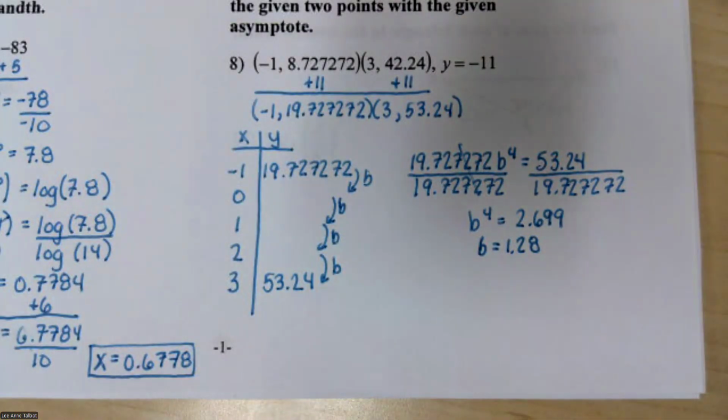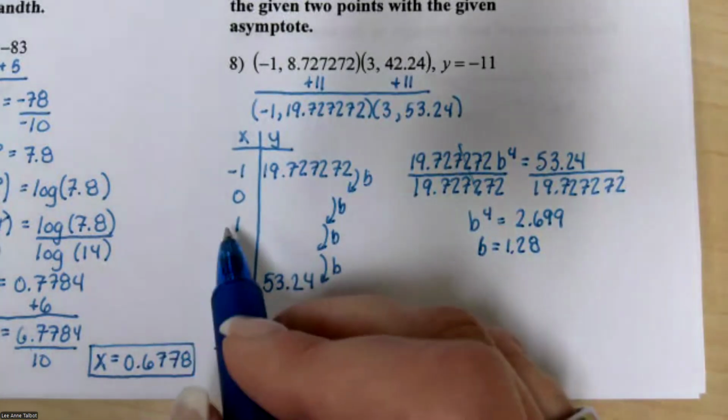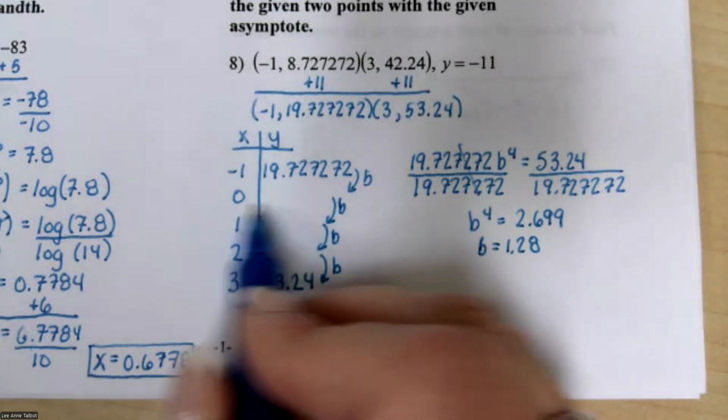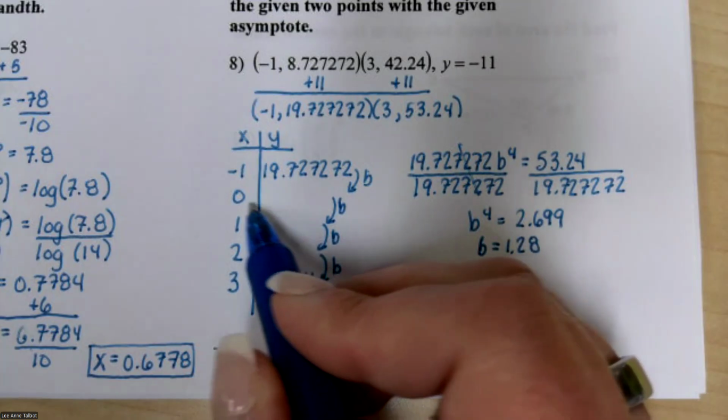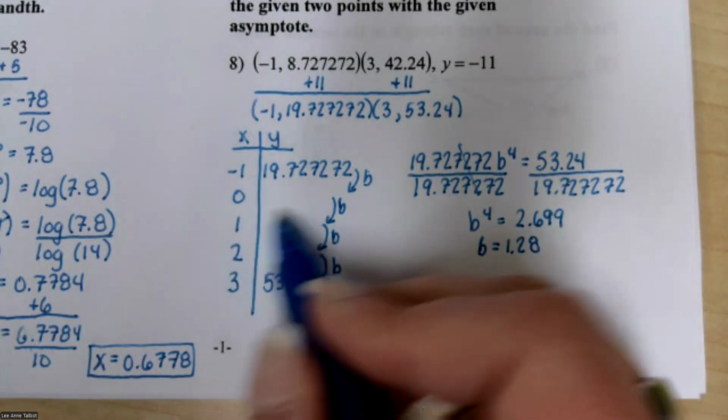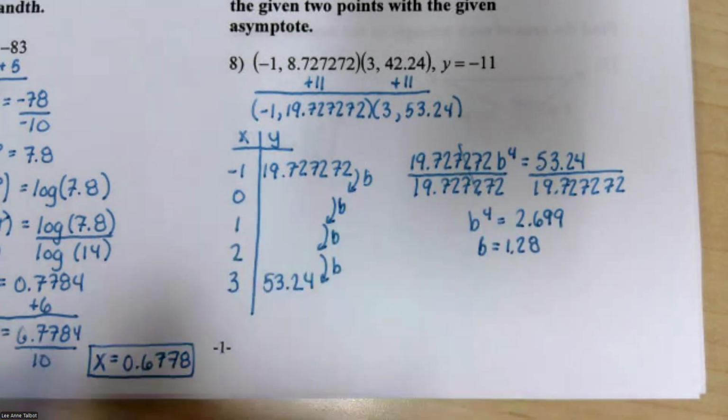Okay, now how do I get A? A is right here. So I multiply it by it one time, right?